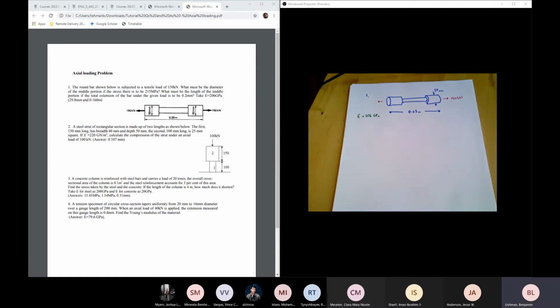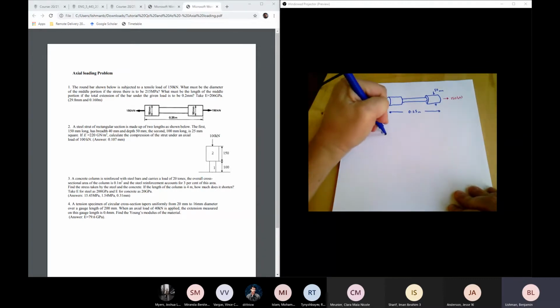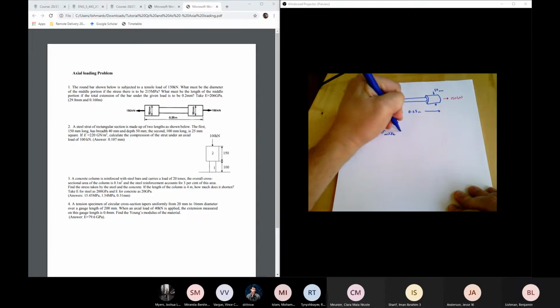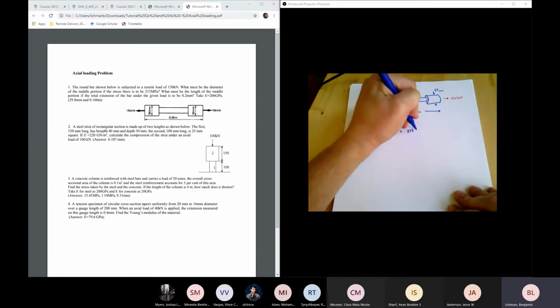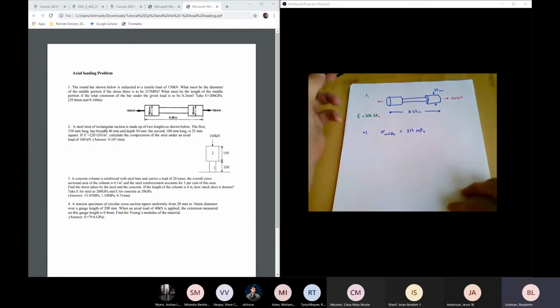And then the question, the stress in the middle of the bar is to be 215 megapascals. We'll call that part A, maybe. So the stress in the middle should be 215 megapascals.